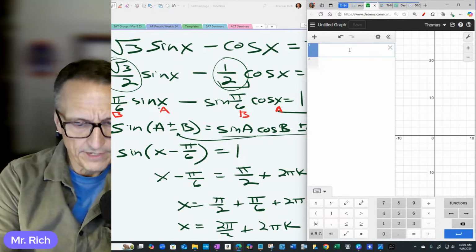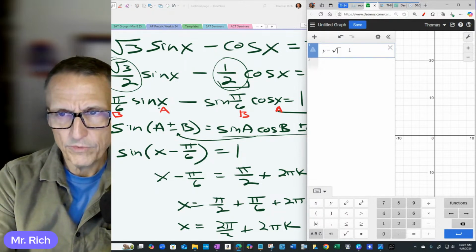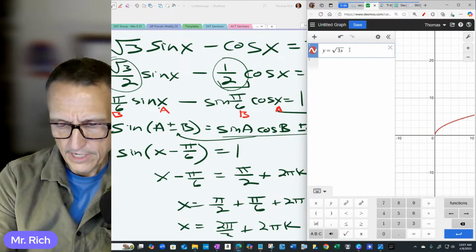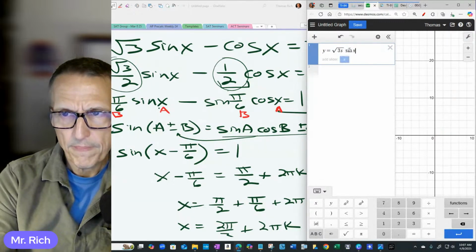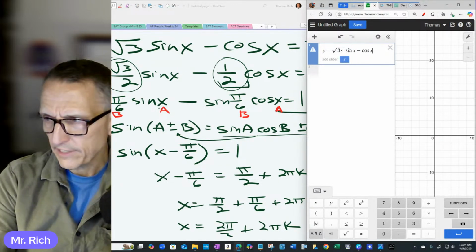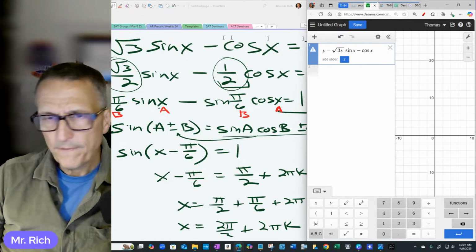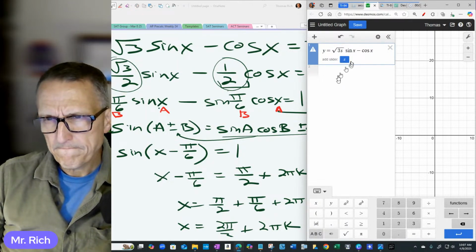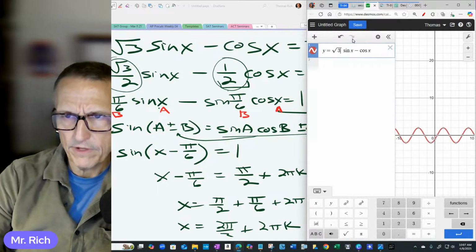So I'm going to graph the left-hand side of this equation, which is the square root of 3 times sine x minus cosine x. So that was the equation there. We don't want an s there. There we go.